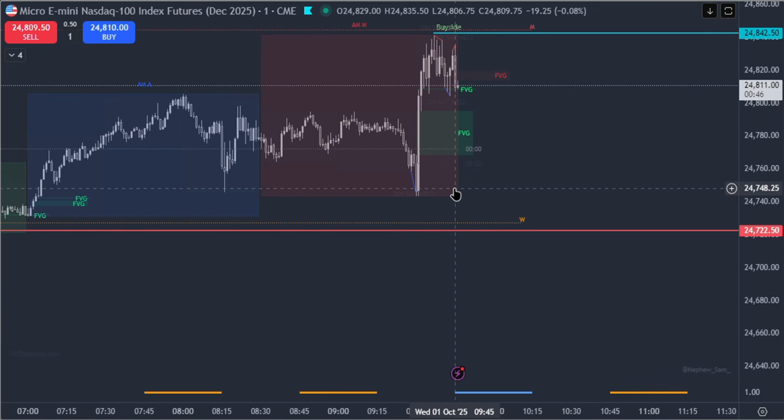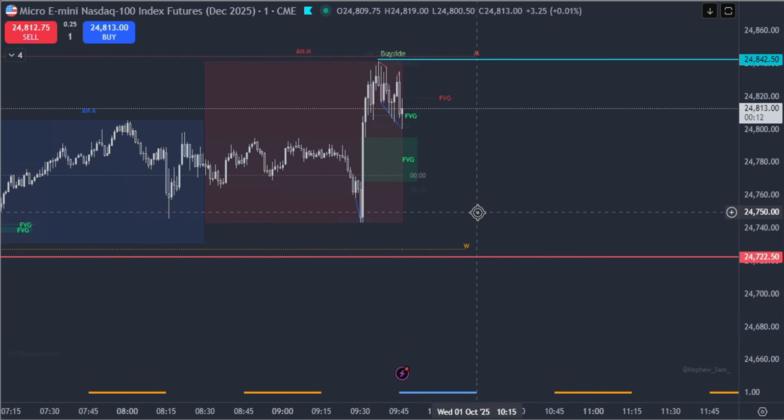There's nothing wrong with executing outside of the time of interest. I like waiting during these windows because my probabilities are higher. That's just what helps me identify when the market either switches into a buy program or it's going to switch into a sell program.